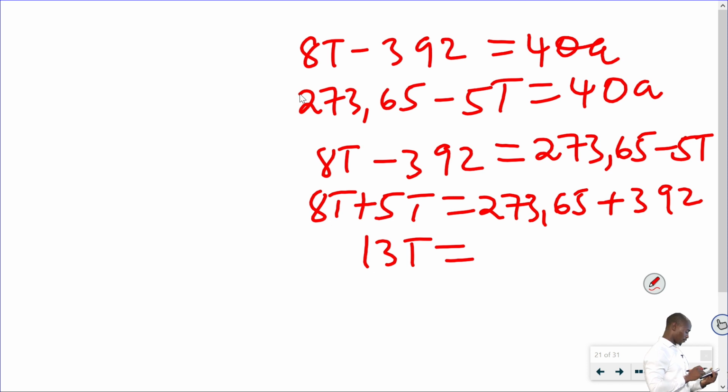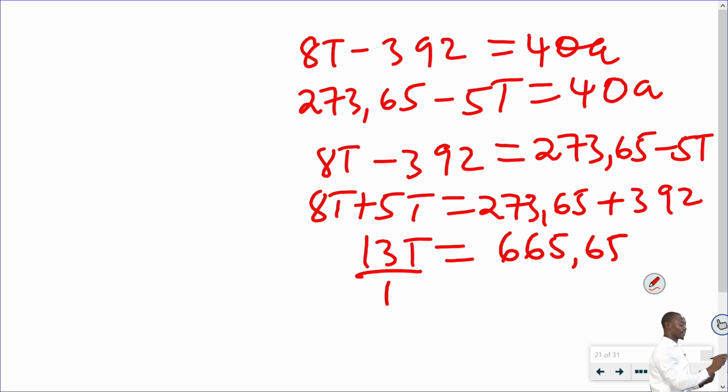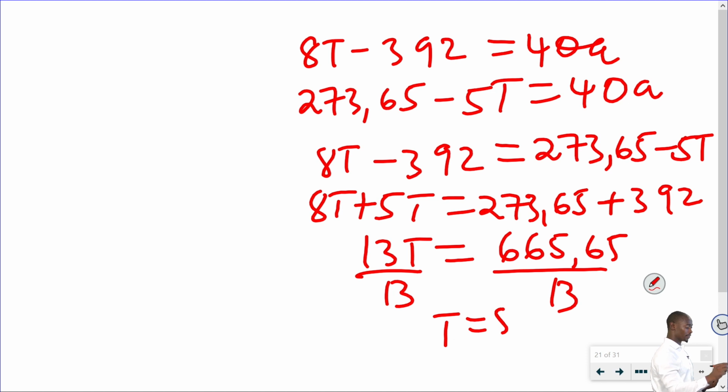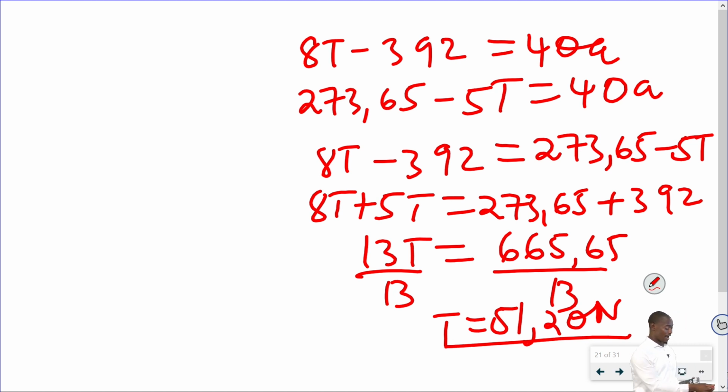What I'm having there is 665.65. Then you divide that by 13. So your answer will be 51.20 newtons, right?